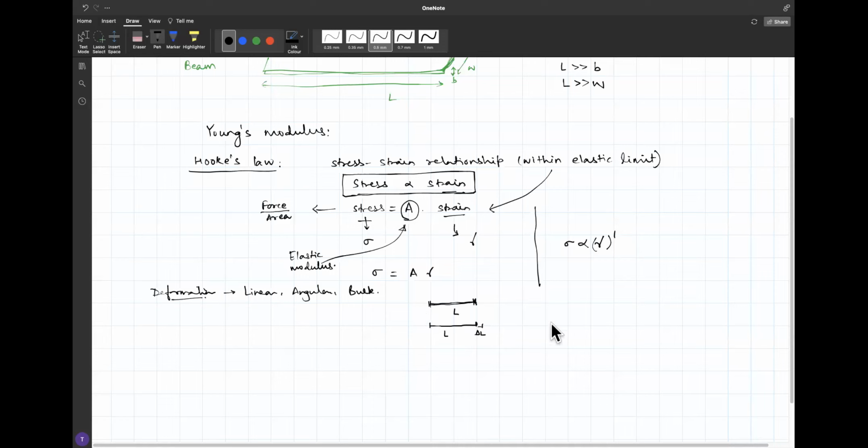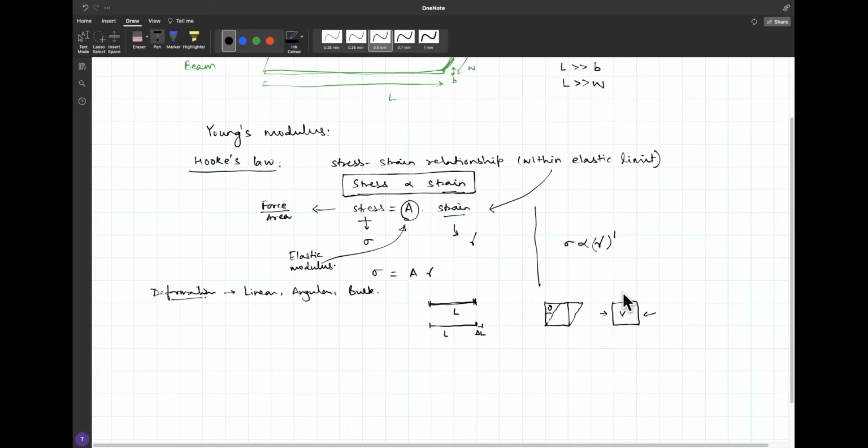By angular, we mean that if we have some object of this shape, and I deform it such that it makes an angular deformation, something like this, this is an angular deformation of the object. Bulk means that if I have an object like this, here the change is in angle, there the change is in length, and here the change is in volume.